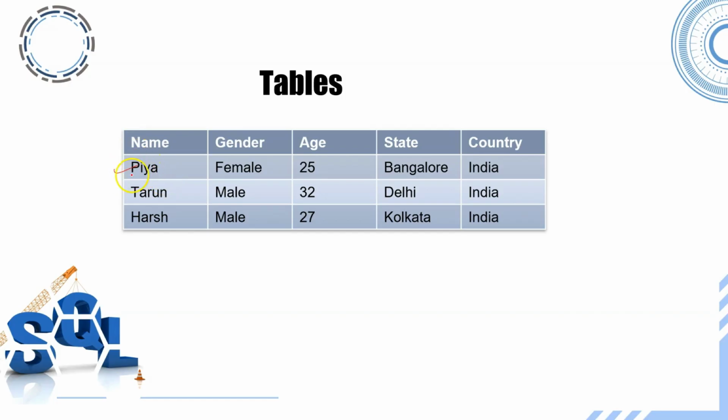We have three rows of data, so these are the three records, and for each of these three records, we have five attributes: name, gender, age, state, and country. For each record, we enter the values for these five attributes. Each value here is a unique or distinct value, and this rectangular area is called a cell.